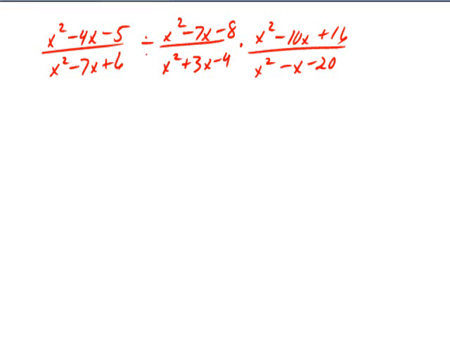If I prime factor the first fraction, the first numerator, x minus 5, x plus 1, the denominator, x minus 6, x minus 1. Let me back up. Let me rewrite this as a multiplication completely.